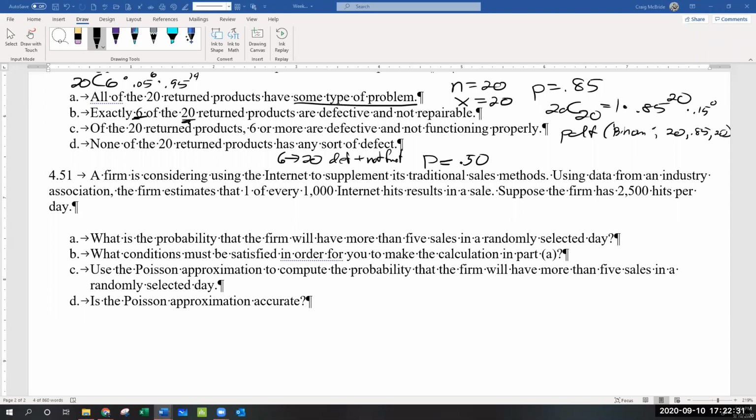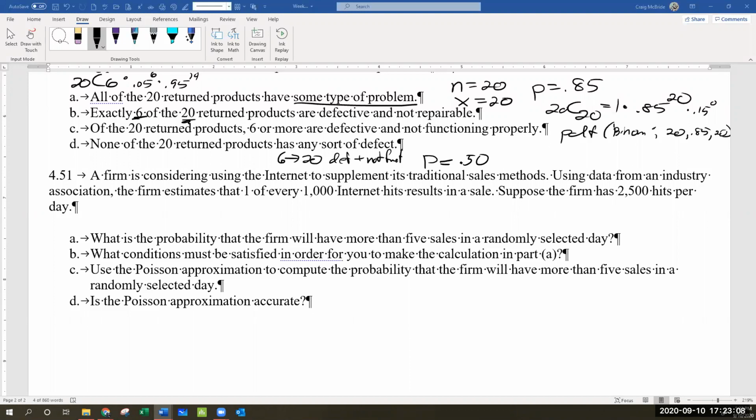There are two main things that you have to have in order for something to qualify as a binomial distribution. You have to have that the trials are independent and that the probability of a success remains the same. In the context of this question, trials being independent means that the internet hits are independent, meaning whether or not people come to the site is completely independent of whether somebody else came to the site.